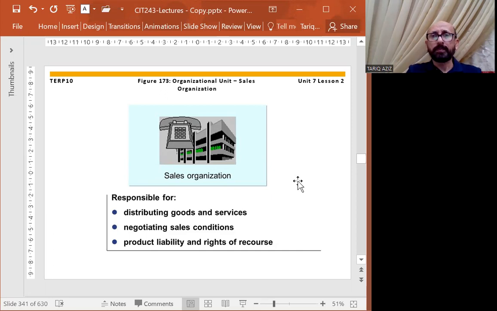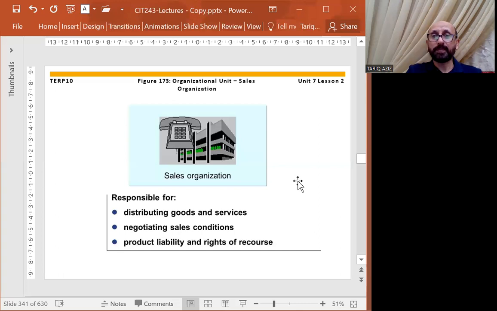So Miami is looking after the eastern side of the United States, Dallas somewhere in the middle, and San Diego is on the western side. And what are they responsible for? Distributing the goods and services, negotiating sales conditions, talking to the customer and giving some discount. This is the job of the sales organization.